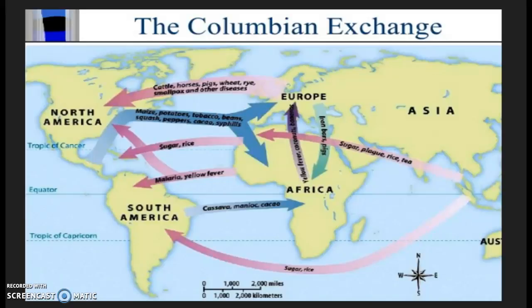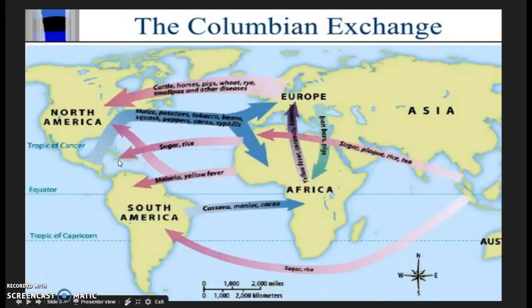He called the people that he met in the Caribbean Indians because he thought he was somewhere in Asia. People in 1492 had not considered that there was more land to the west. So as he sailed from Western Europe, trying to get to Asia, he did not consider that there would be land here. So he thought he was in East Asia.